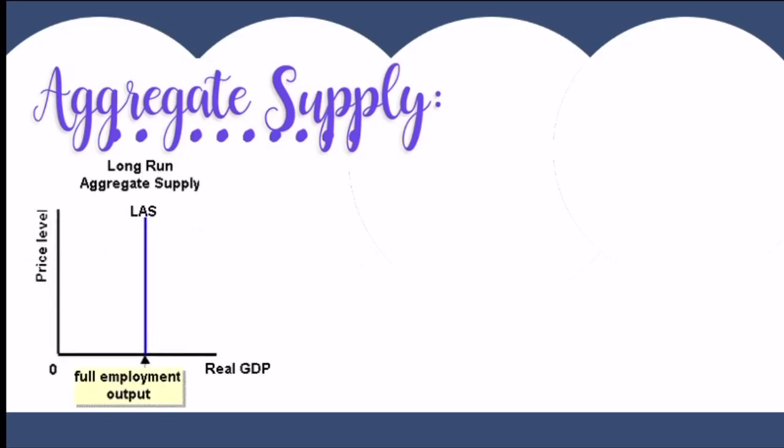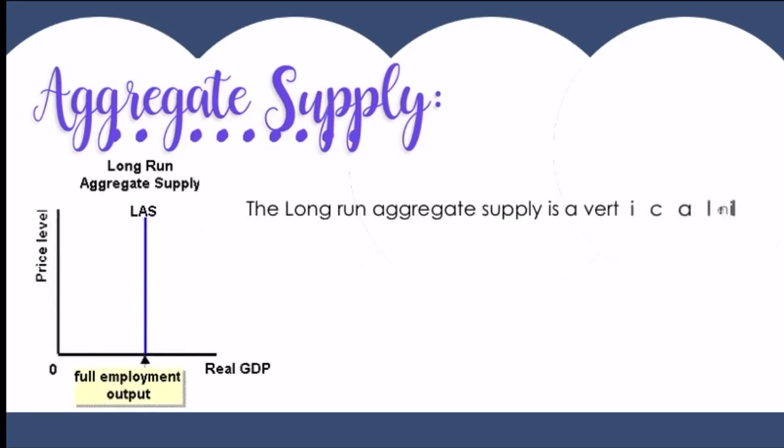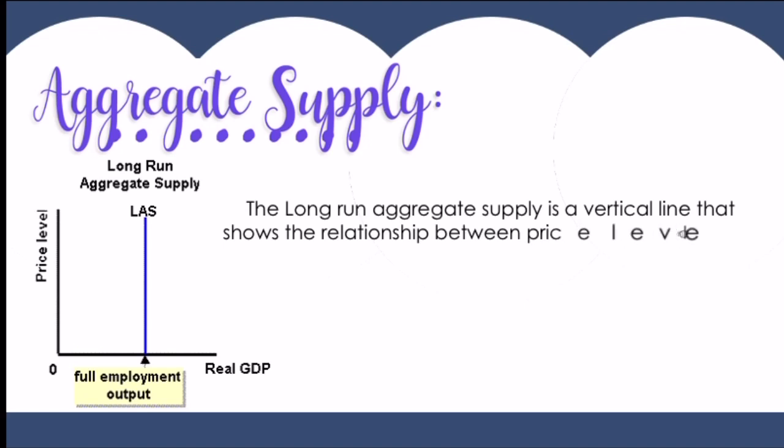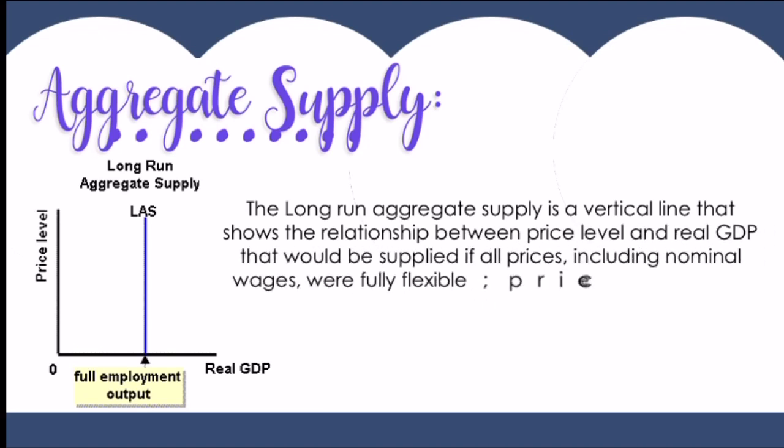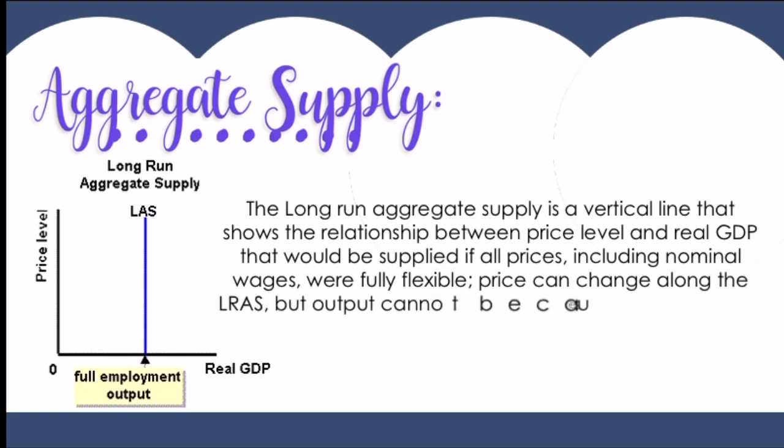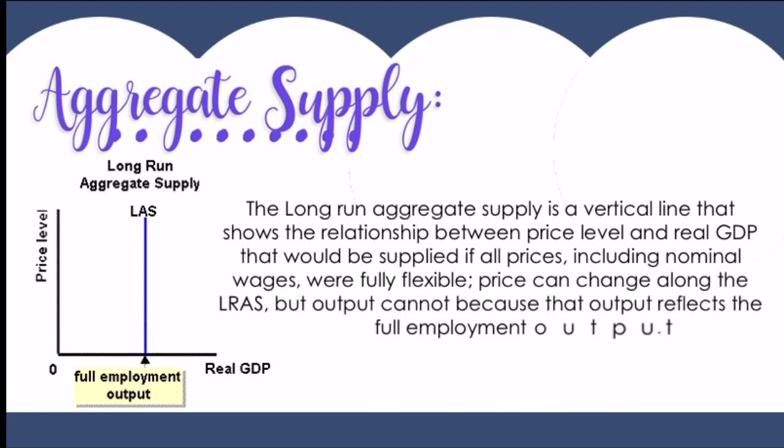The long-run aggregate supply is a vertical line that shows the relationship between price level and real GDP that will be supplied if all prices, including wages, were fully flexible. Price can change along the long-run aggregate supply line, but output cannot because that output reflects the full employment output, which is also known as the potential output.